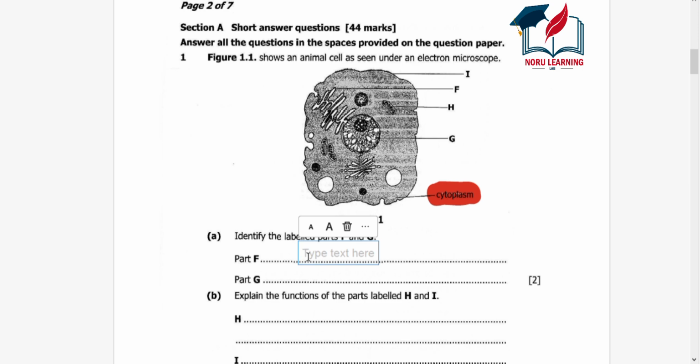For part F, if we take a closer look, we can tell that this part here, let me highlight that and change color, some green.